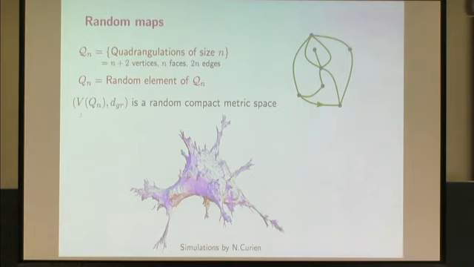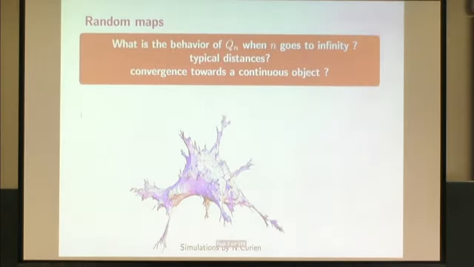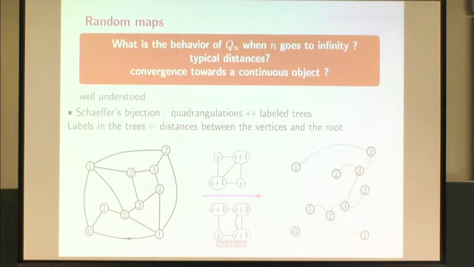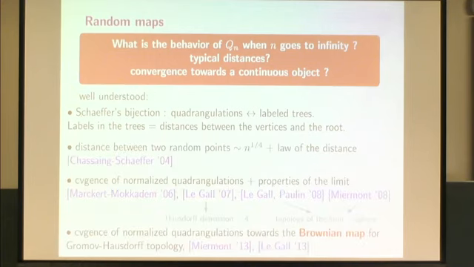I'm going a bit fast here because I think Gregory gave a really nice introduction to all these contexts. The question I'm interested in today is the behavior of Qn. Thanks to Schaeffer's bijection, which links quadrangulations and labeled trees, we can study quadrangulations via these labeled trees, and there have been ongoing works over the last 15 years to study what the typical behavior is.